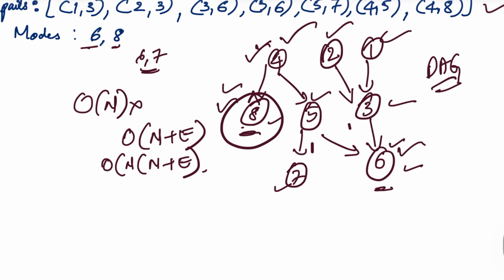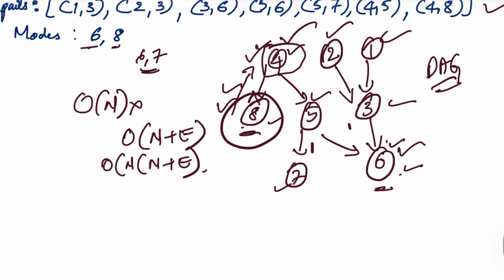One good approach to solve this problem is, why can't we traverse upwards, right? From 8, you can traverse upwards and find that there is one parent node. And from 6, we can try to traverse upwards and try to find all the ancestors.